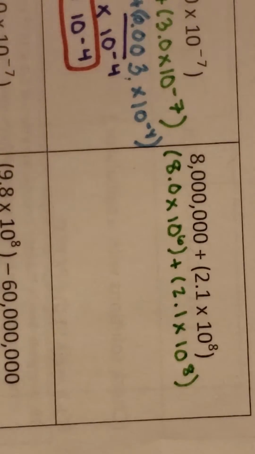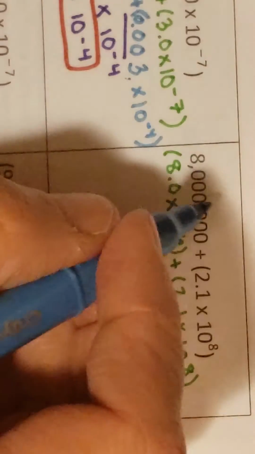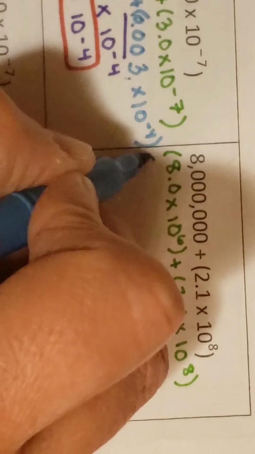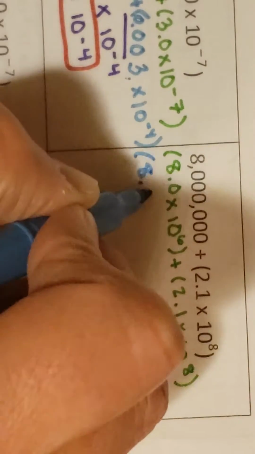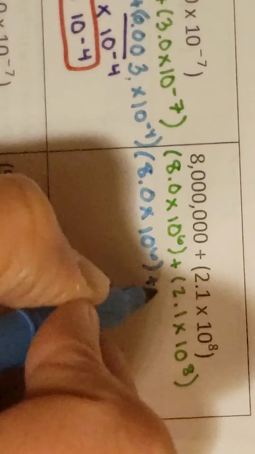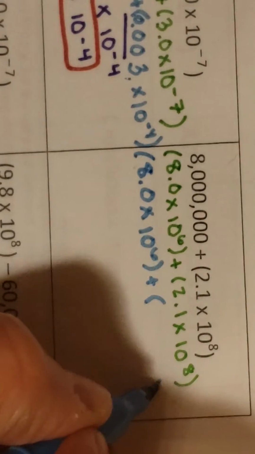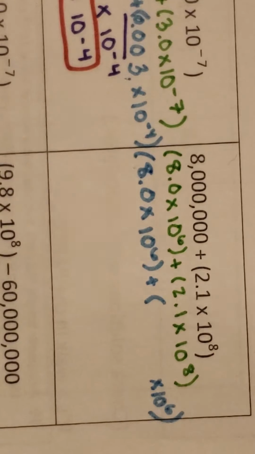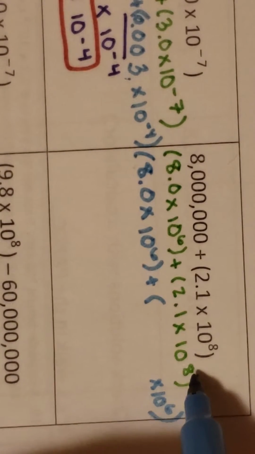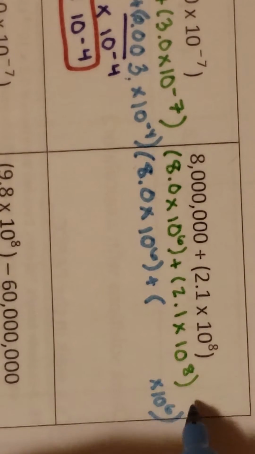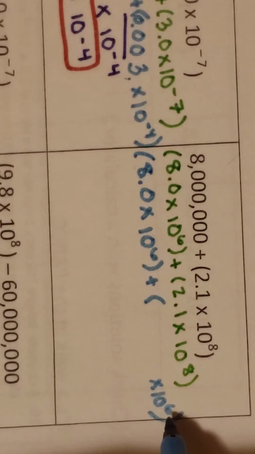Okay. Next, I will adjust so that they're either both 6 or both 8. I'm going to keep mine as a 6, plus something times 10 to the power of 6. And now I need to adjust. If I'm going from 8 to 6, that is a decrease of 2 multiples of 10.